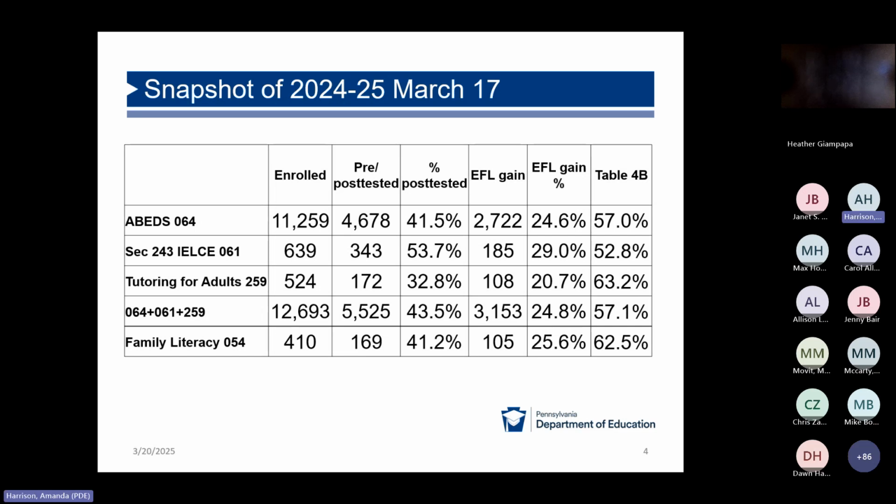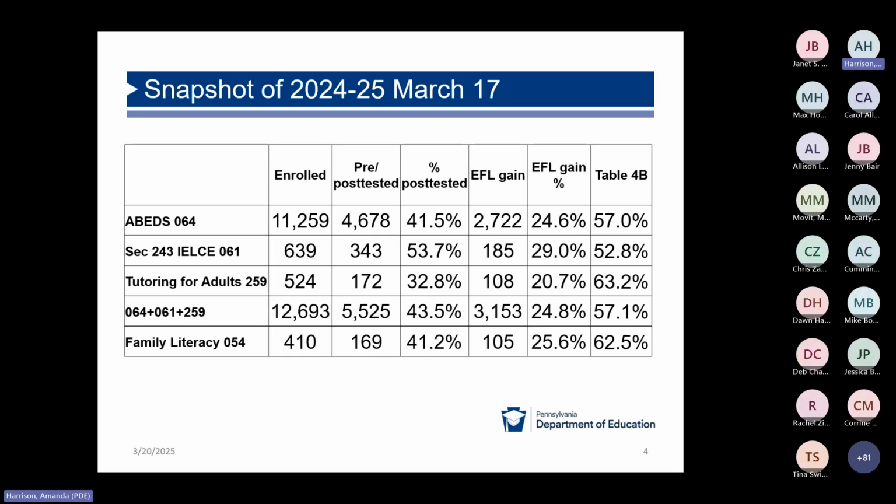If we compare it to last month, there has been an increase in the number of adults who have a post-test, and not just the number, but the percentage of our enrolled students who have a post-test. So now we're at approximately 43%.